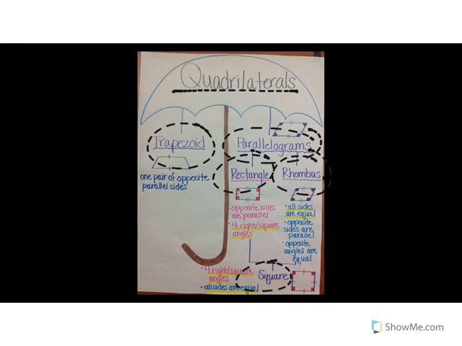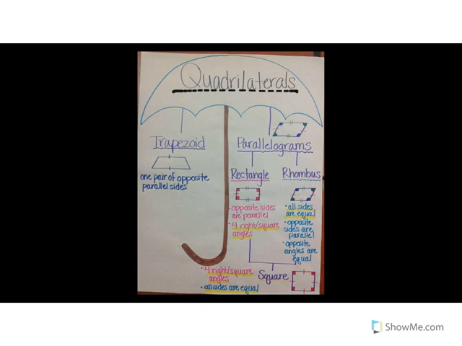Those are all quadrilaterals. And I like how it even separated the trapezoid from the other types. This anchor chart is really going to come in handy when we start sorting.